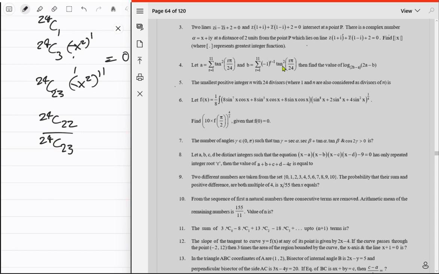And then similarly, what do you need? Negative 1 to the power r minus 1 of tan squared r pi upon 24. That's kind of weird, I'm not understanding how. Start from 1: first tan squared r pi upon 24, then minus, okay, alternating, right? Where have I seen that? I don't know.